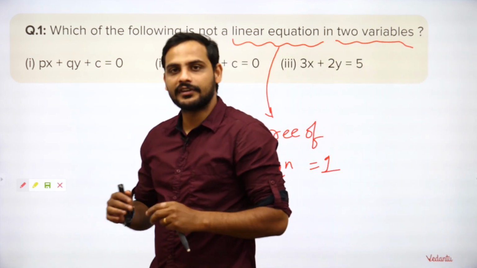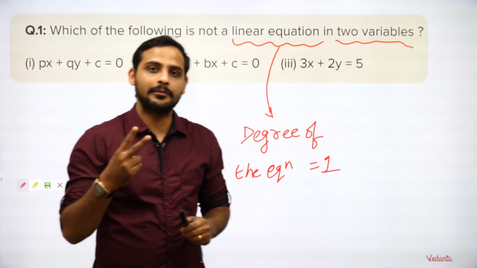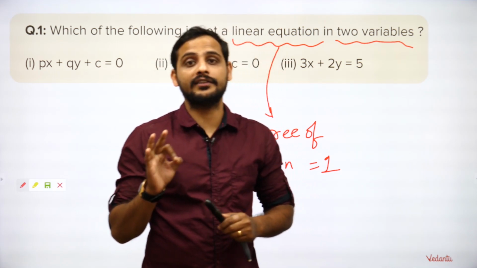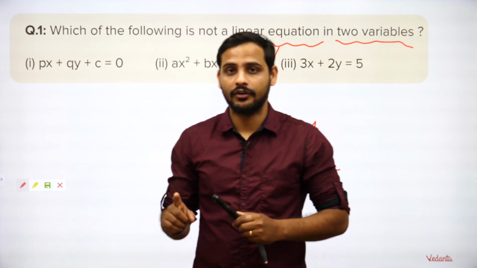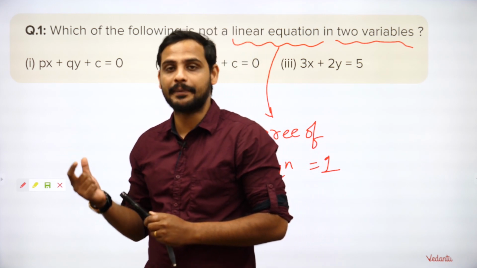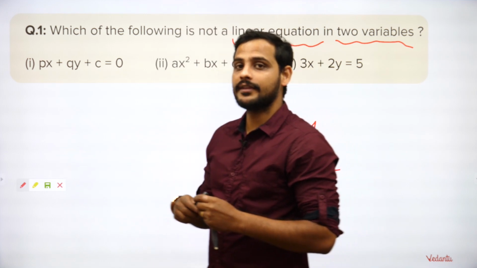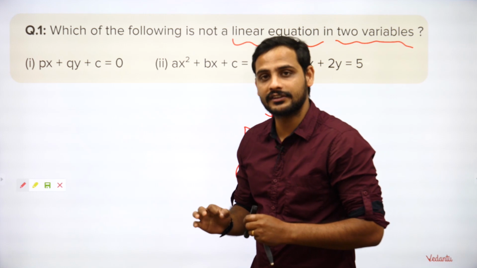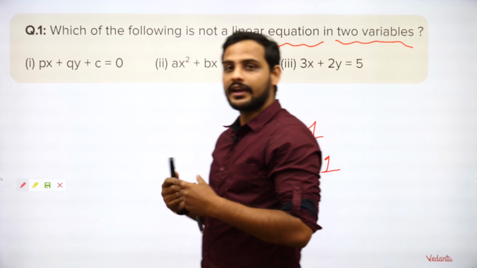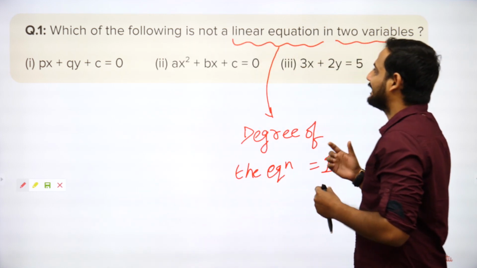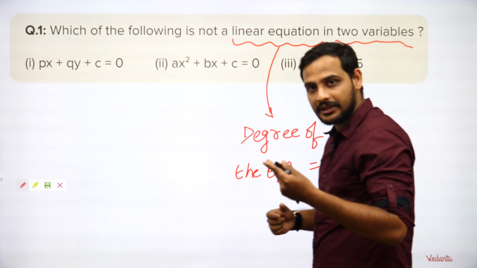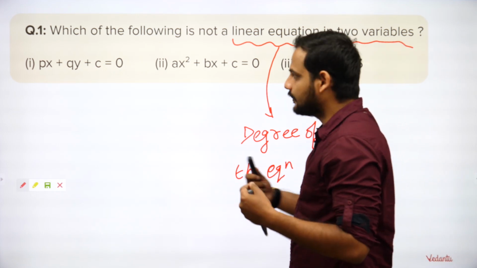So an equation having 2 variables, where the power of the variable in each term is at most 1, is called a linear equation in 2 variables.